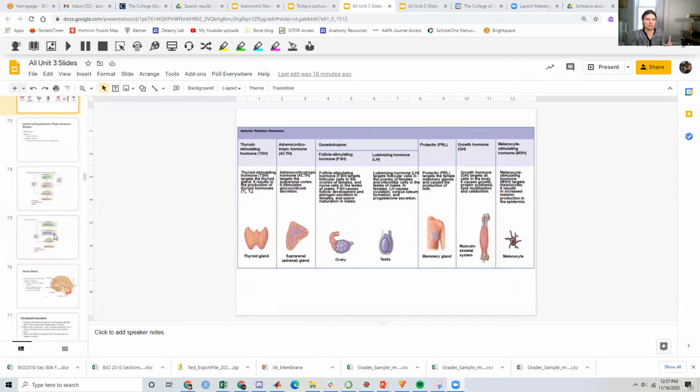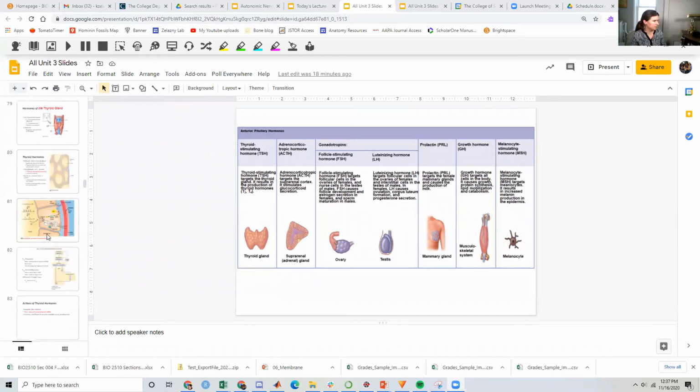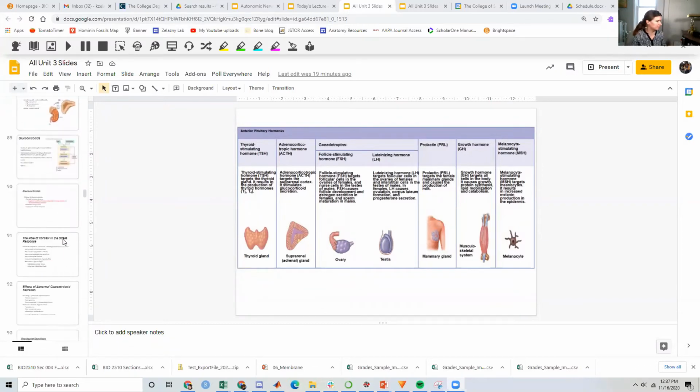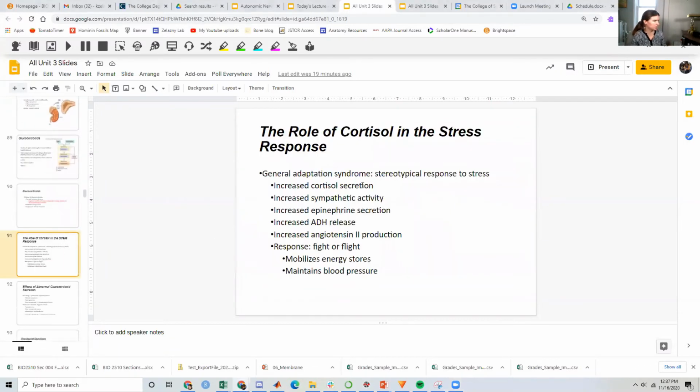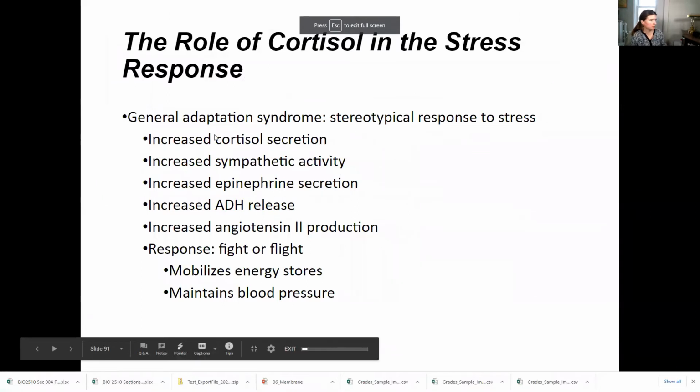The basics of that is that the whole thing is going to be like a fight or flight response. So when cortisol gets released, there are other hormones involved that are going on at the same time. So when we're releasing cortisol, we're also going to expect to see increased sympathetic activity, which is going to come along with increased epinephrine secretion.